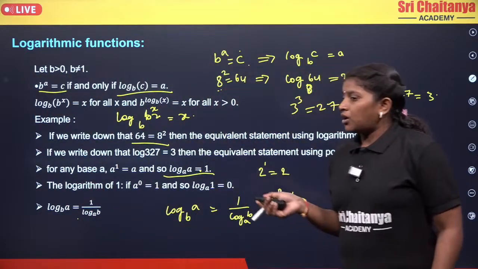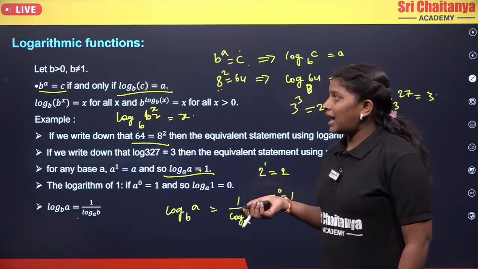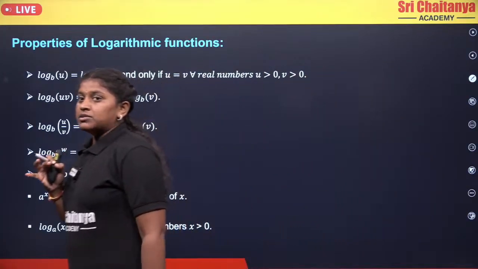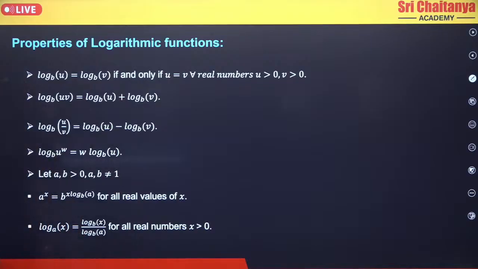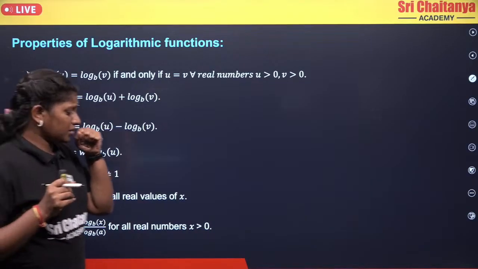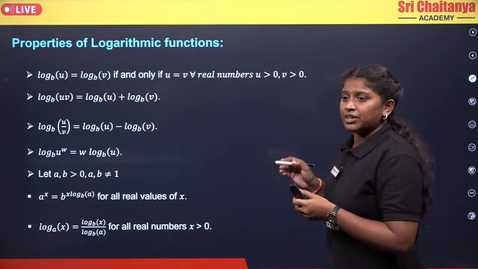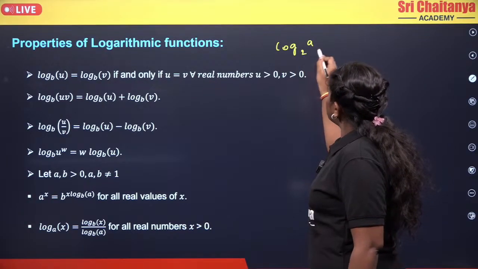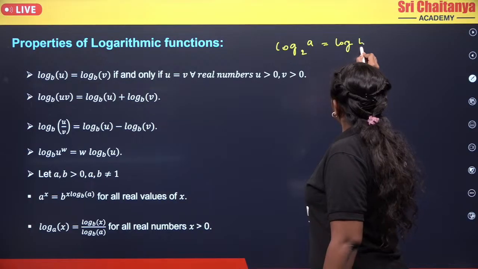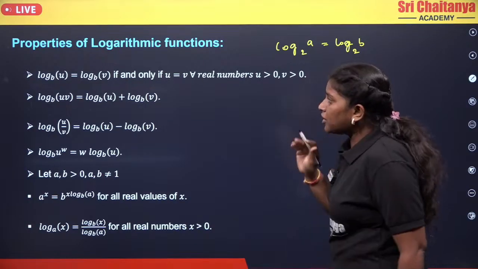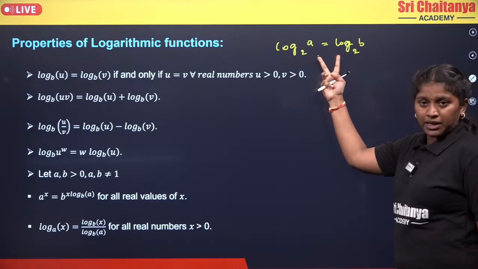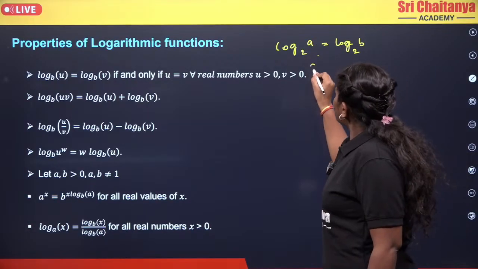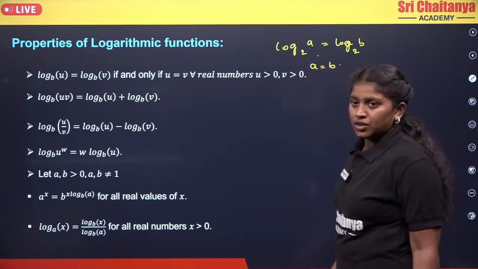Okay, now let's see what formulas we have in logarithms. Coming to the properties of logarithms, first and mostly we will discuss the product. If we have an equals sign between two logs, like log a to the base 2 is equal to log b to the base 2, then if you observe clearly, we have the same base, and when these log values are equal, it means a equals b.